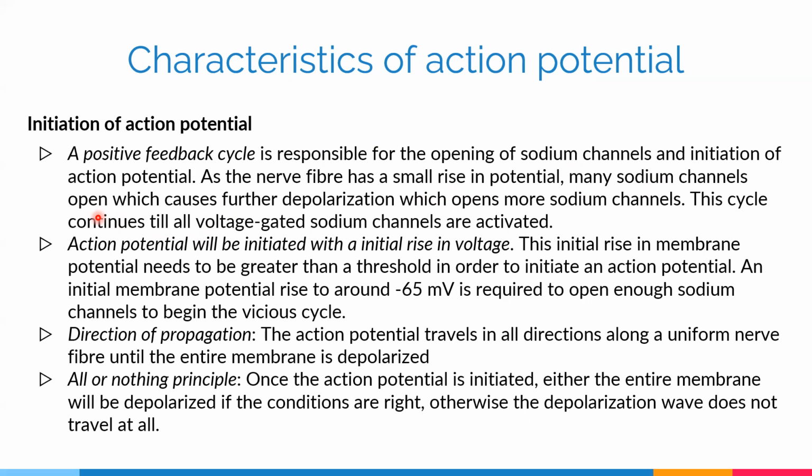There is further increase in membrane potential, and this triggers further opening of voltage channels along the nerve fiber membrane, and hence one by one all the sodium channels that are present across the membrane are open.